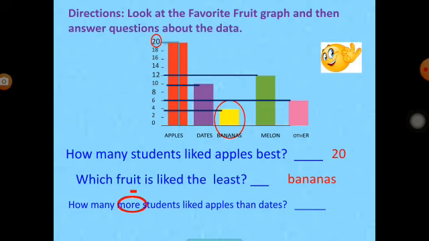So what minus what? We said before that in subtraction we do big minus small. So how many for apples? Apples have 20. And dates have how many? Dates have 10. So our answer will be 20 minus 10, which gives me 10.